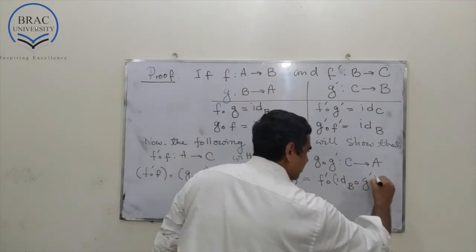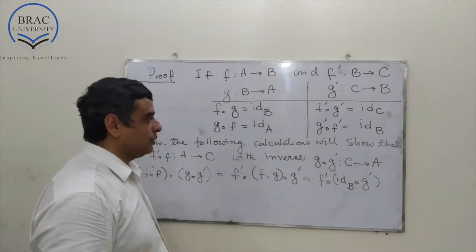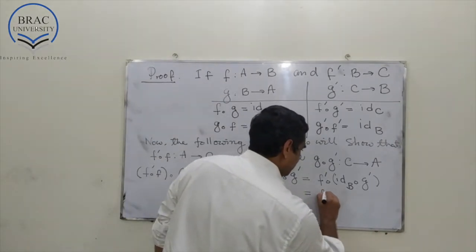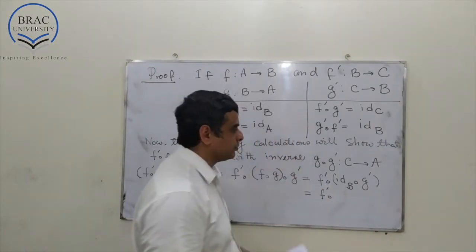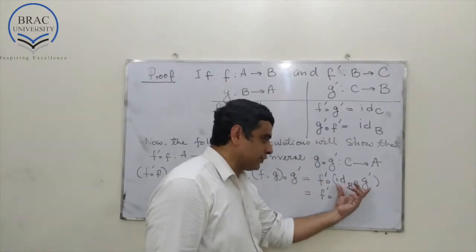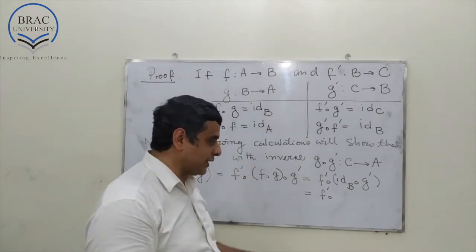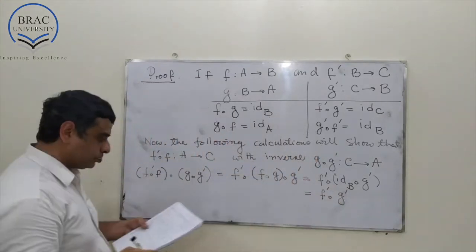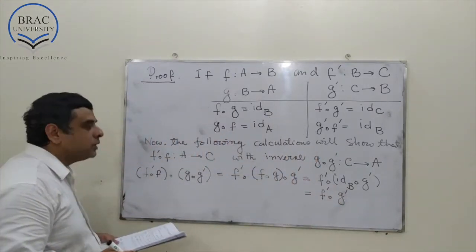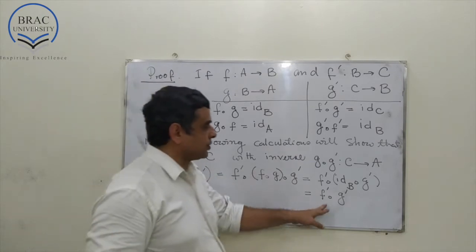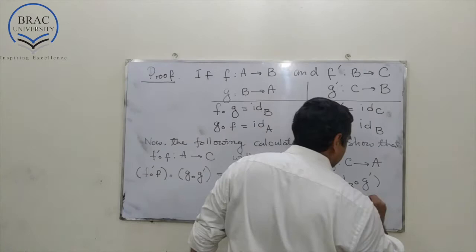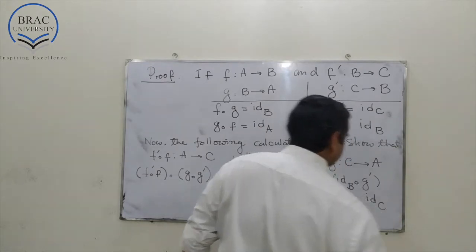Using the property of the identity function, we immediately see that the composition of these two maps is precisely G prime. And the composition of F prime with G prime is the identity map on C.